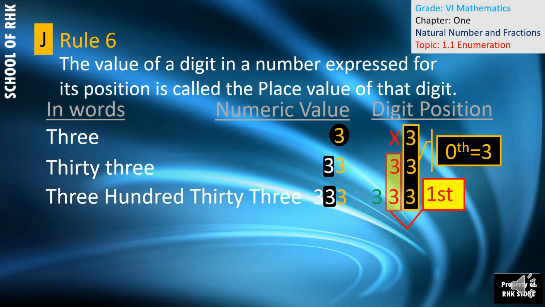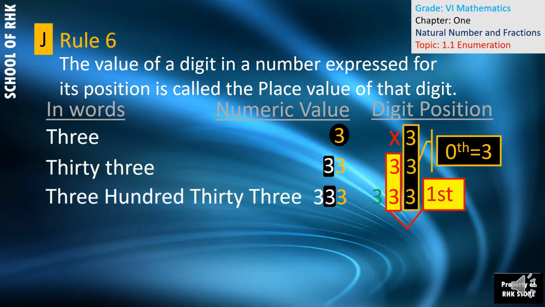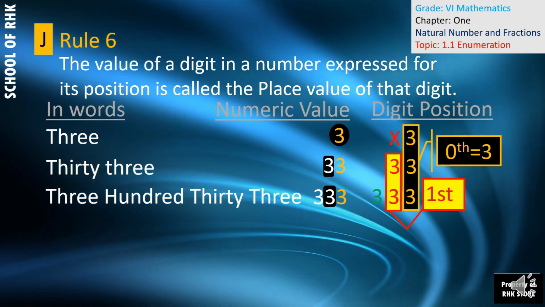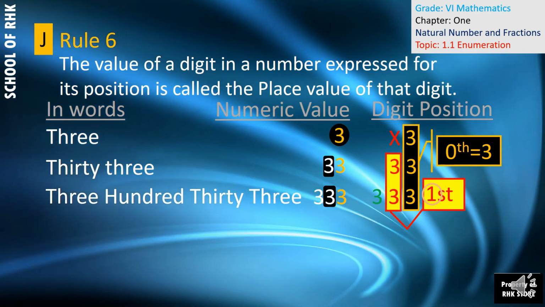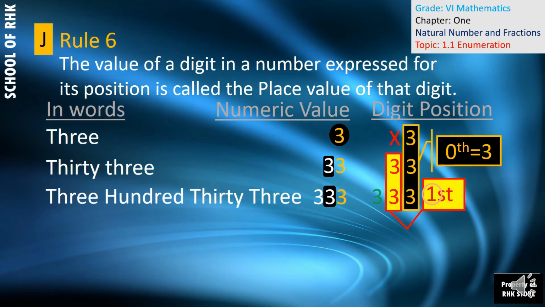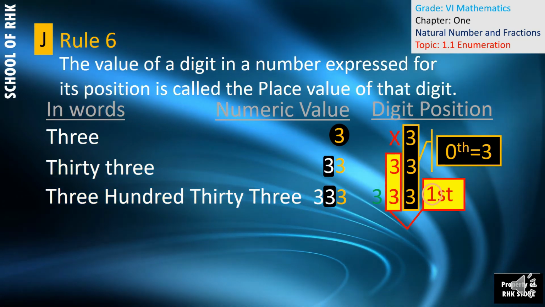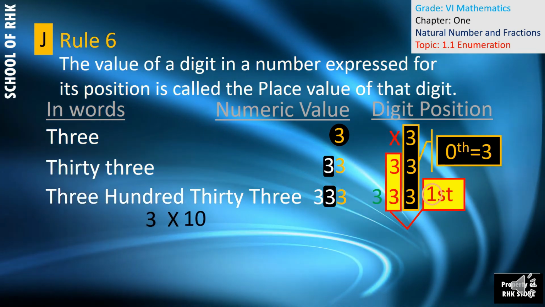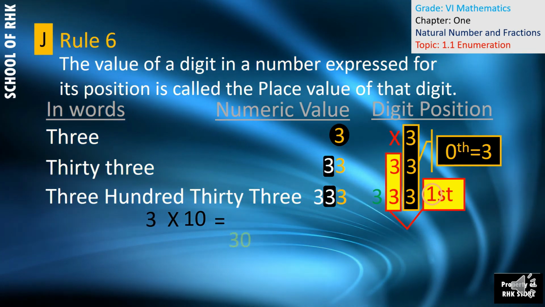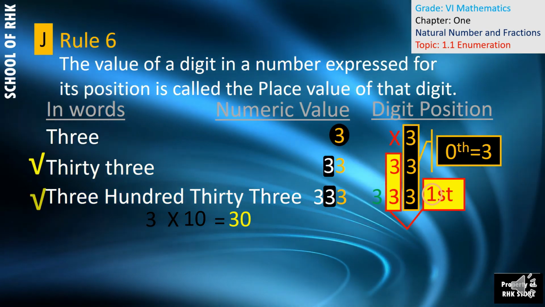As we know, these two 3's have intrinsic value which is 3, but due to the change in position from 0 to the first position, the place value of these 3 digits will be 3 multiplied by 10 equal to 30 for the numbers 33 and 333.